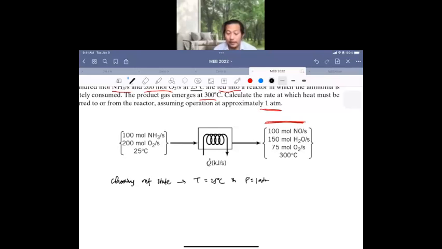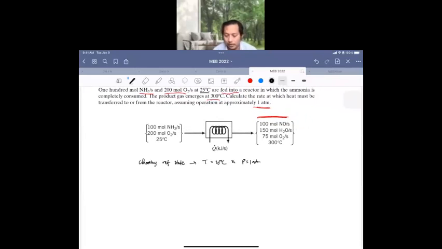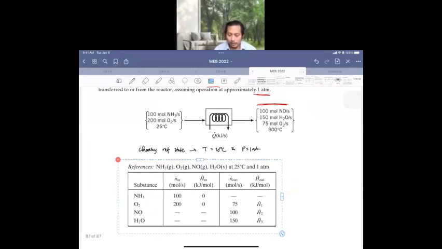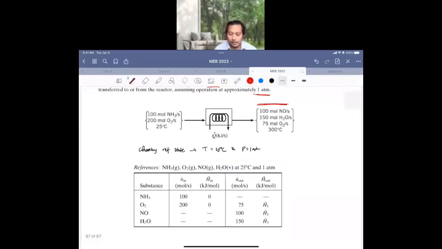I think that's the very obvious choice for us. After that, we're going to put everything into the table: all the substances, from the ammonia, oxygen, NO, water, oxygen, all the moles, including the enthalpy that we are going to evaluate.